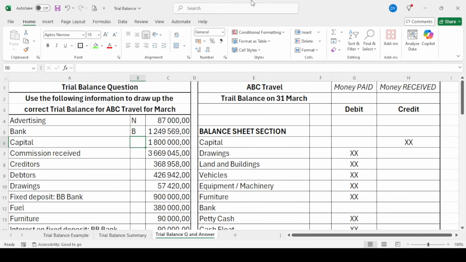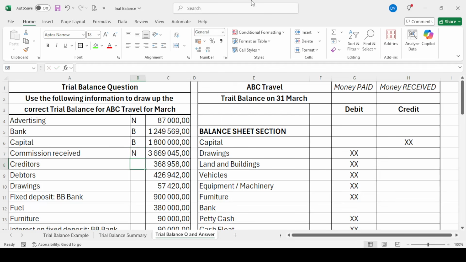Capital. Usually your capital is money that you've received. Okay, it goes under your balance sheet section. Commission received is income, so it's a straightforward income, money that you've made. So that will go under your nominal account section.